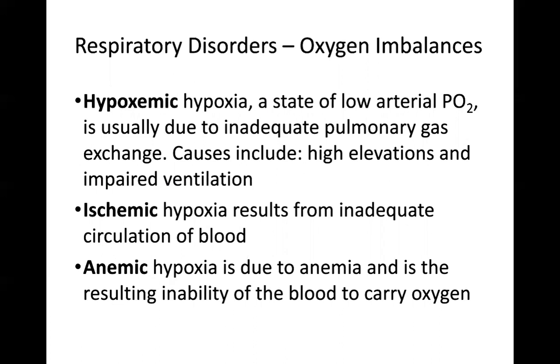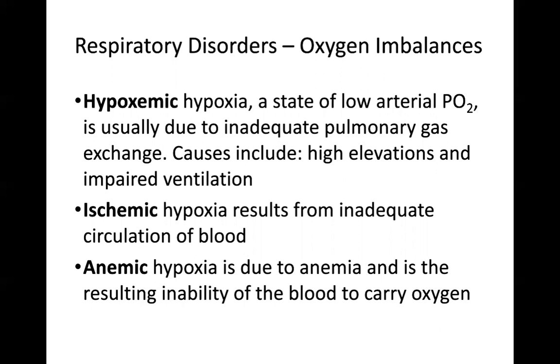Ischemic hypoxia, ischemia always refers to a decrease in blood flow. So hypoxia that results from inadequate circulation of blood is ischemic hypoxia. And then anemic hypoxia. We learned in our last unit when we talked about blood that anemia isn't necessarily low iron, although the most common form of anemia is low iron.